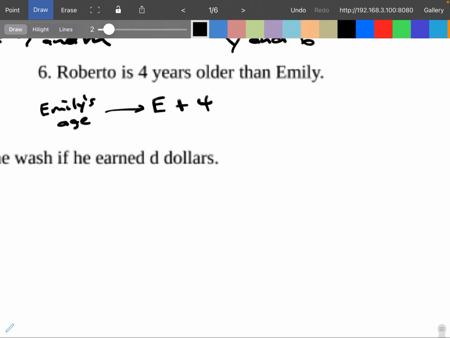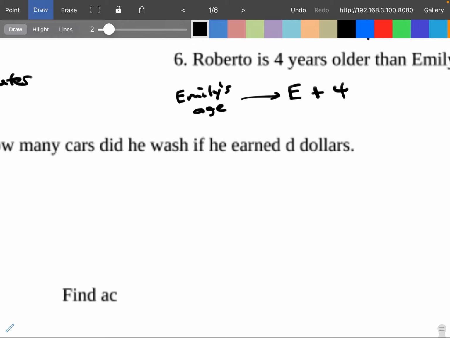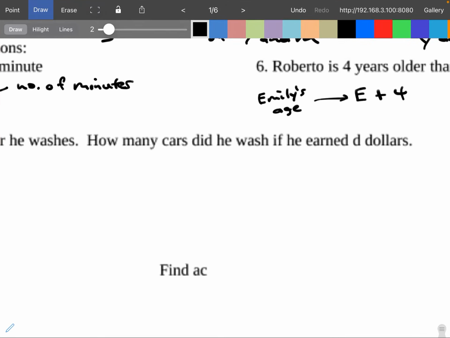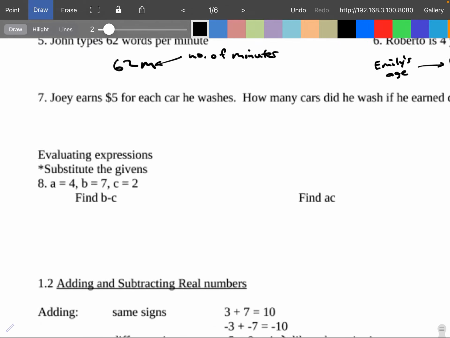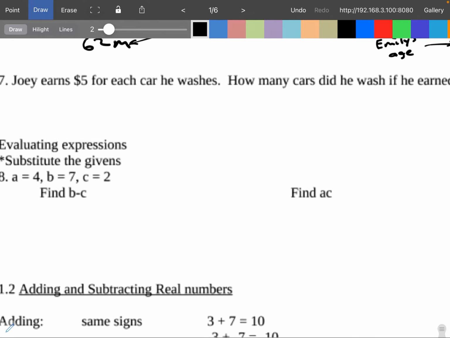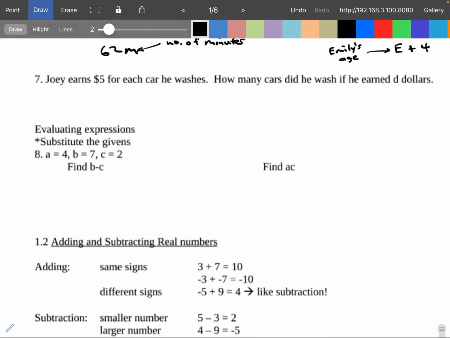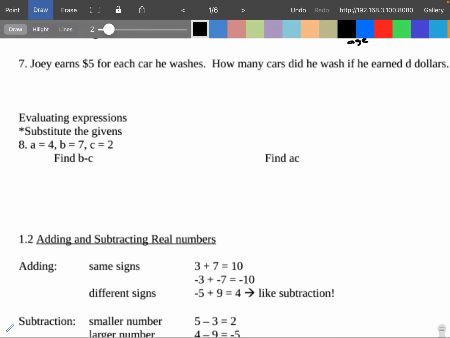Okay. And then we got number 7. All right. This one says Joey earns $5 for each car he washes. And then the expression we want to write, the algebraic expression, is going to be how many cars did he wash if he earned D dollars?